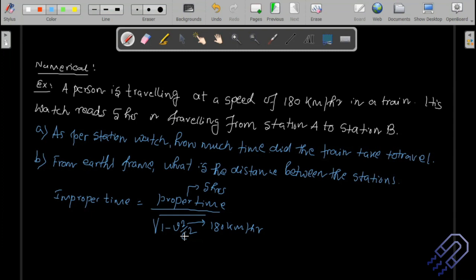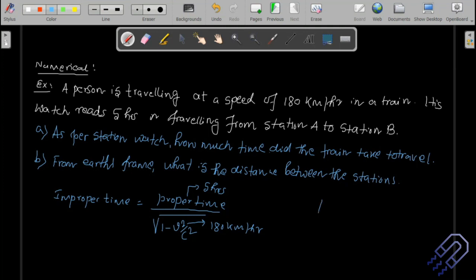But I'd also like to tell you that from this particular formula it is obvious that the improper time will be longer compared to the proper time, because the proper time is divided by a value which is less than 1.